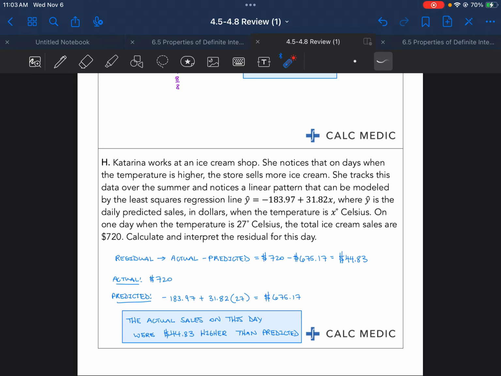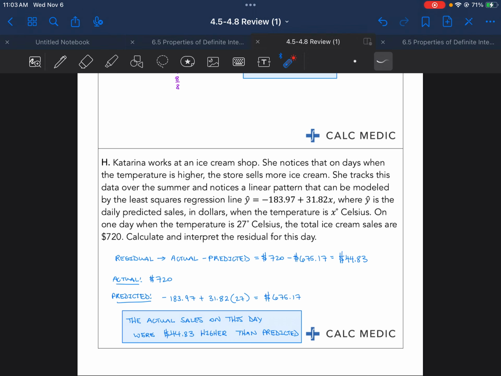So again, residual is the actual value from your data minus the predicted value from your regression model. The actual value was $720. They gave that to us. The predicted value we have to calculate by just plugging in 27 degrees in for X. So the model will predict on a day where the temperature is 27 degrees Celsius that the shop will make $675.17.